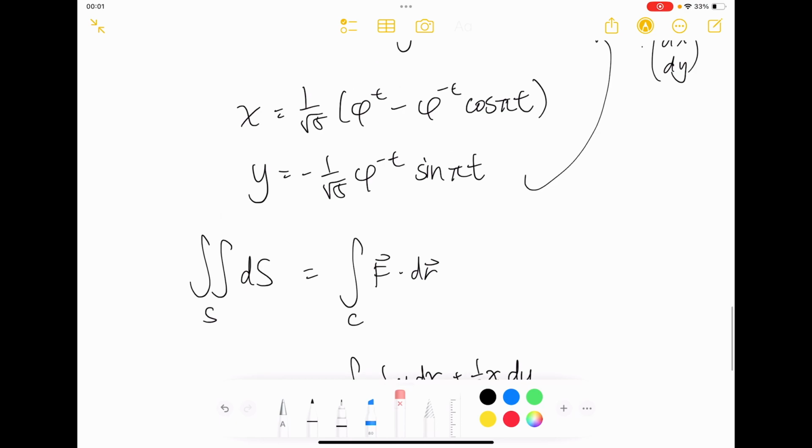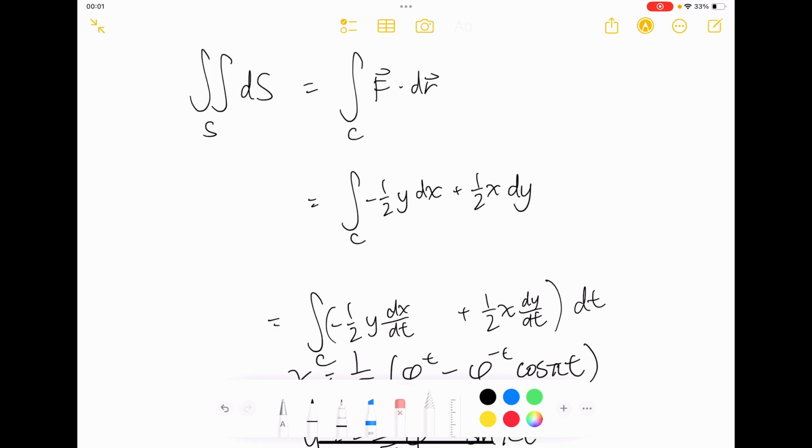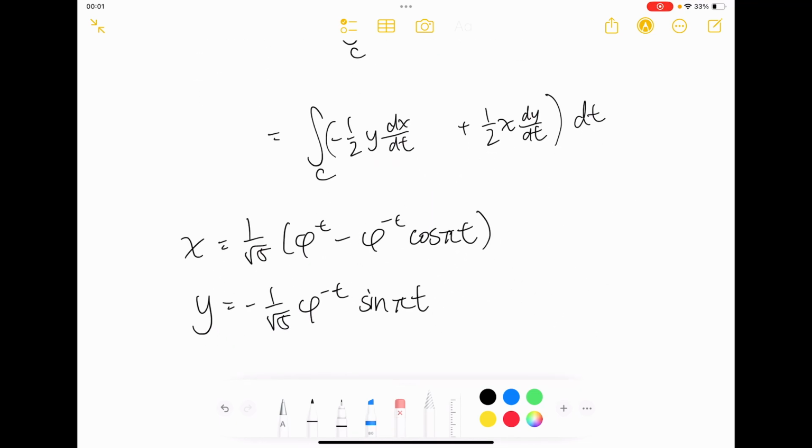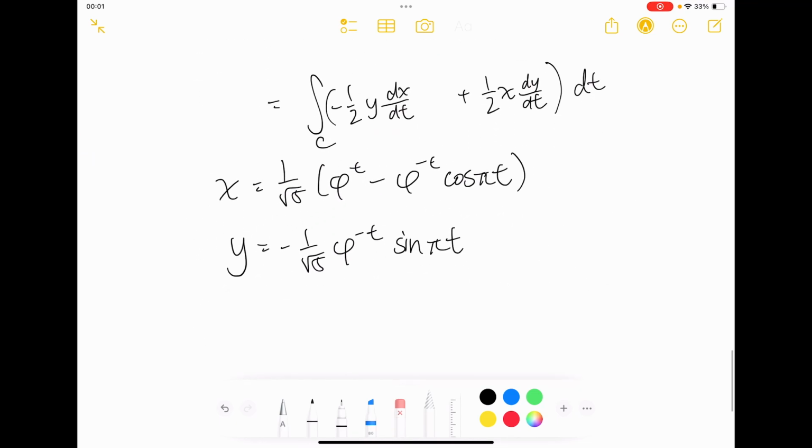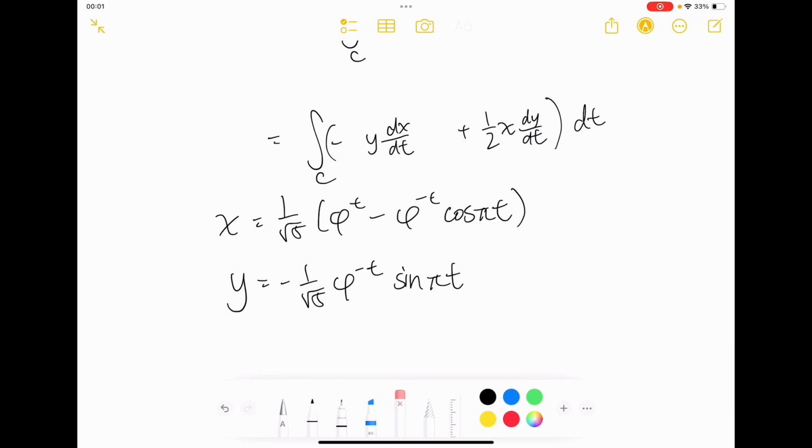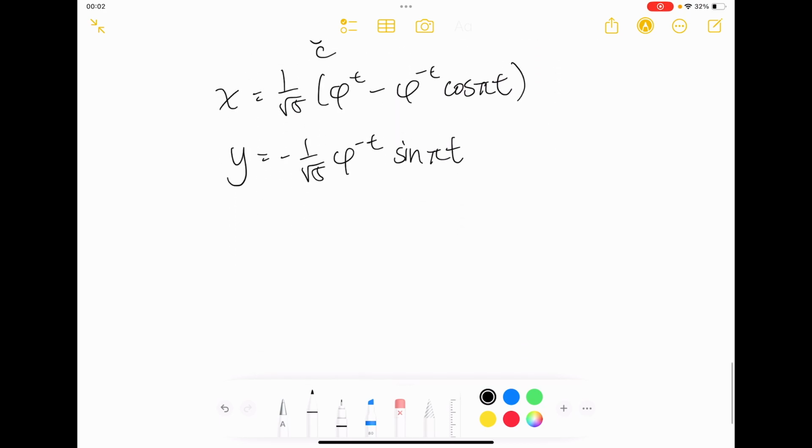So I'm just going to move this down, and we'll find our integrand. Why not just pull a half out while we're at it, right? Let's just find dx/dt and dy/dt. It's going to be a bit of a pain, but I'm sure we'll be fine.